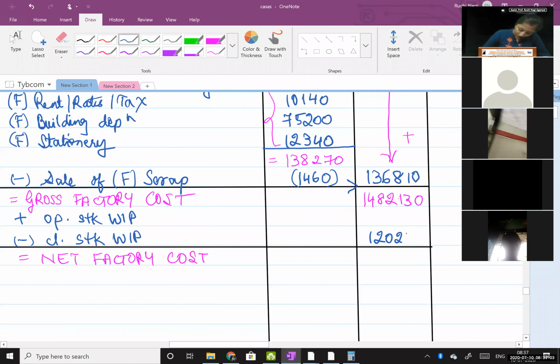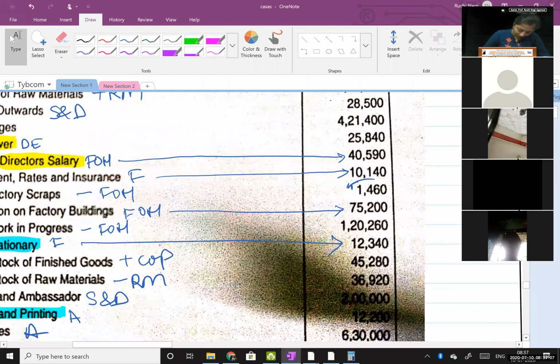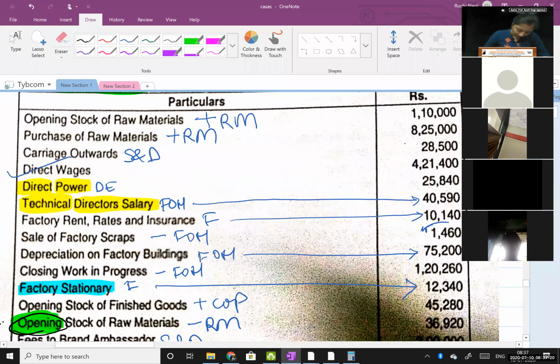And opening stock of WIP is not there in the question.